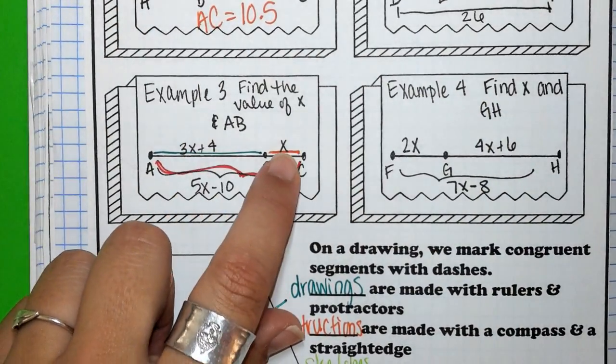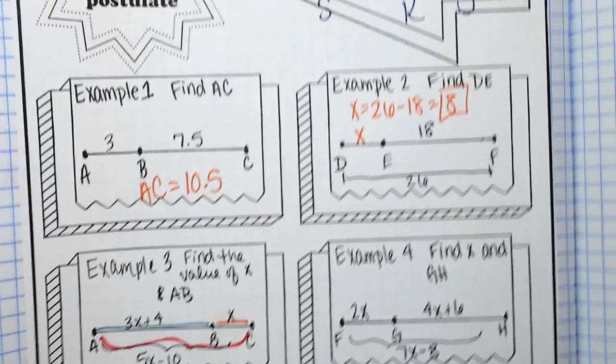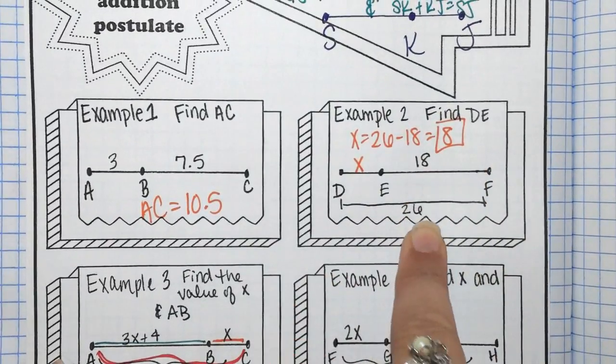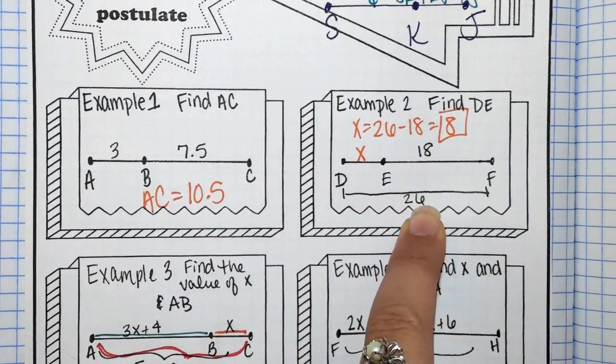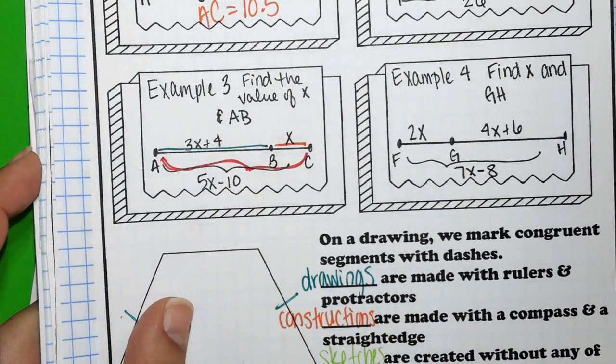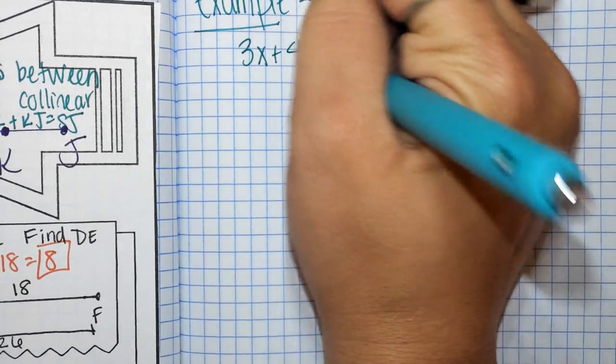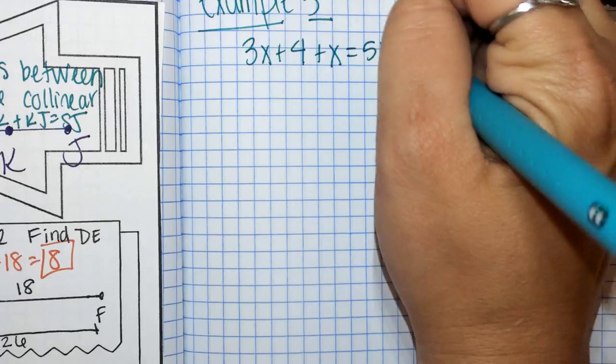If you add these two together, it has to equal the whole thing. Like up here, 8 plus 18 has to equal 26, otherwise it doesn't match. So when we write it, I would write 3x plus 4 plus x equals 5x minus 10.